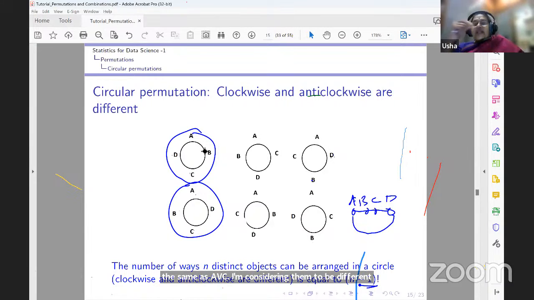So you fix one of them, I fix A, and the remaining can be arranged in n minus 1 factorial ways. Here clockwise and anti-clockwise are different. So the total number of ways n distinct objects can be arranged in a circle is n minus 1 factorial. Is it clear?